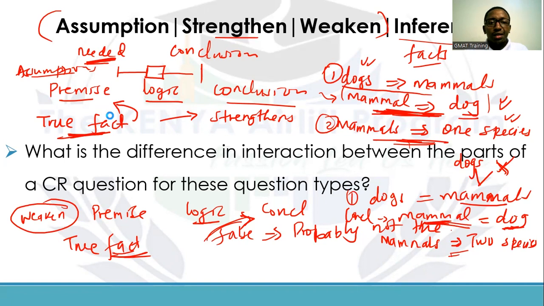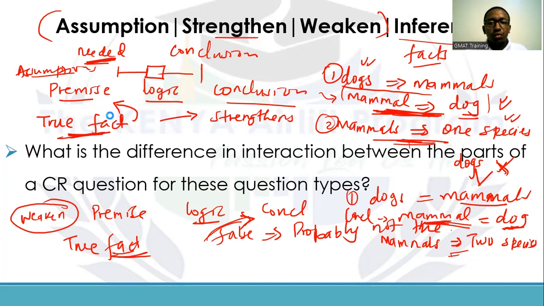And weakening and strengthening the argument questions are tricky because most of the time you'll find answer options that are doing the opposite. You're handling a weaken the argument question, and then you find answer options that strengthen the argument. And because we are usually strained for time and in a hurry, by the time you get to some answer options, you may have forgotten if you're strengthening the argument or weakening the argument.